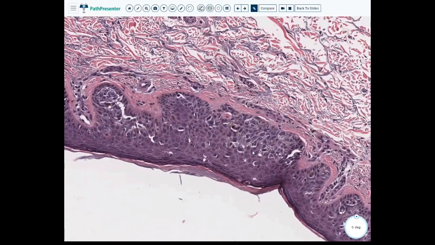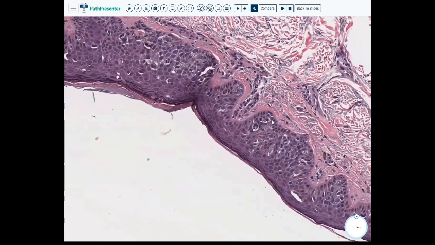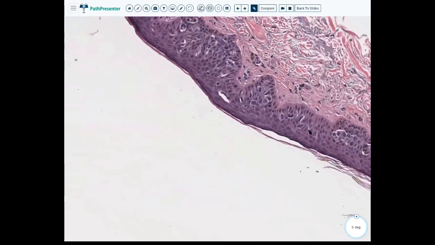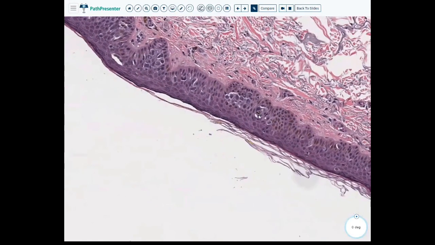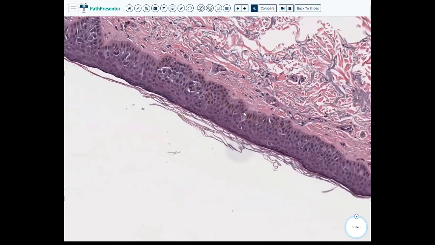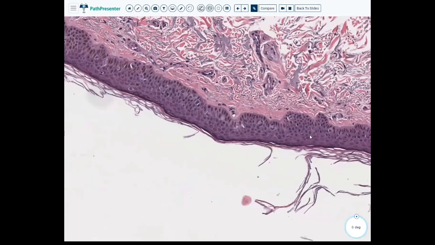This looks actually a little better because we can see there's some nesting, and then they're coming up through the superficial layers. Some pigmentation, but most of the pigmentation is within the basal keratinocytes. So remember, this is a melanocyte with the cleft and all that. These are pigmented keratinocytes, so don't be confused by those.